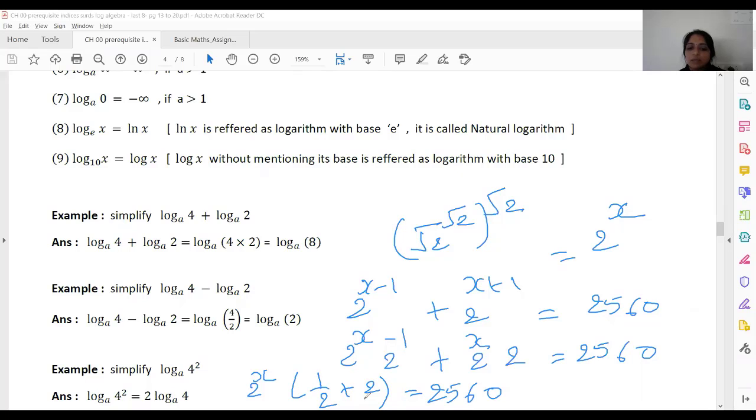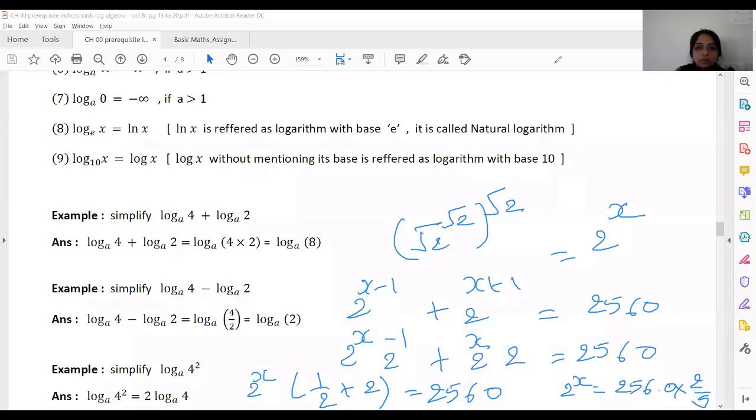So this is 5 by 2, right? 2560 into 2 by 5. Now, by simplification, you get 2 raised to 10. And the base is same, so x is equal to 10.